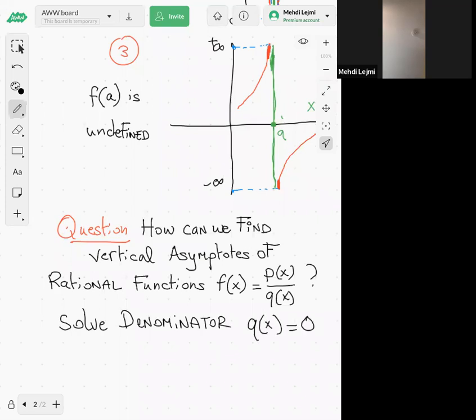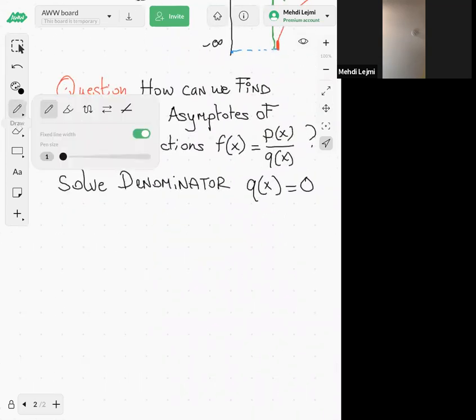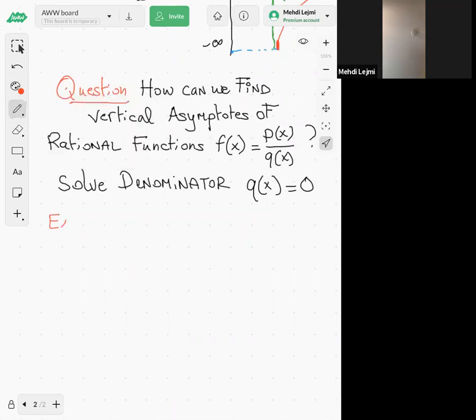The vertical asymptotes are going to be just the solutions of denominator equal to 0. So, for example, some examples.